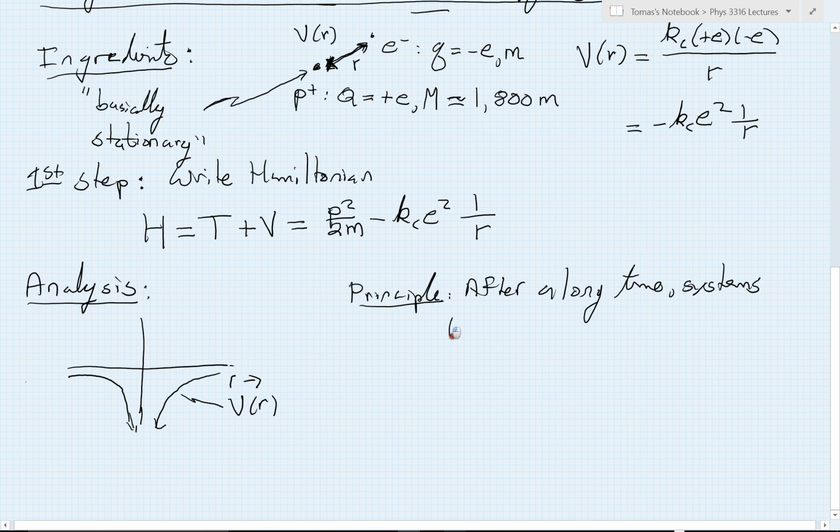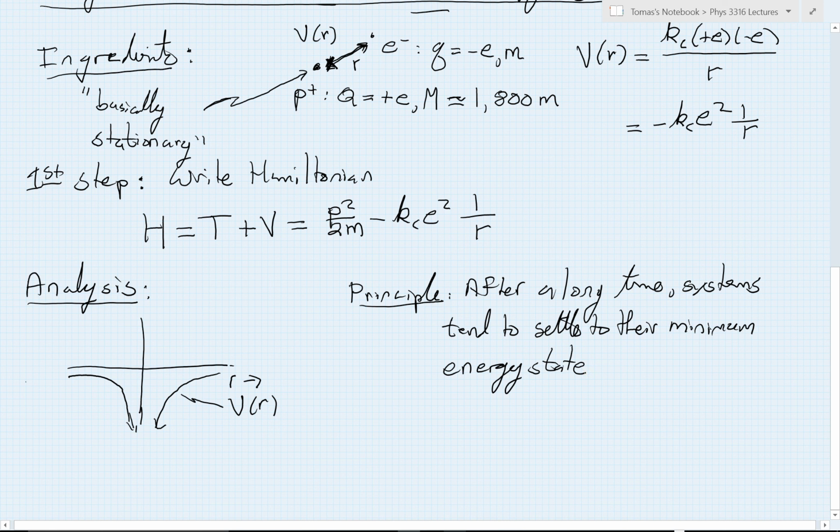Systems tend to settle to their minimum possible energy state, if you want to call it that way, the state in which they have minimum possible energy, right?